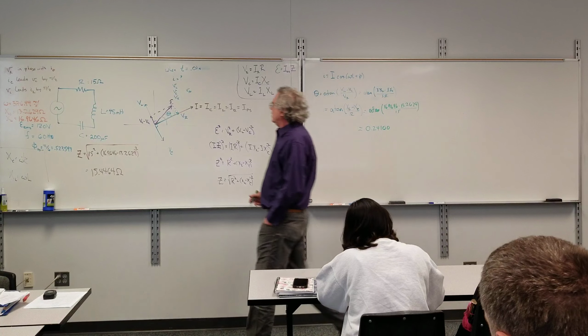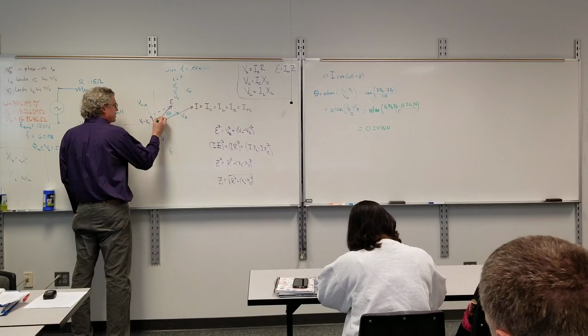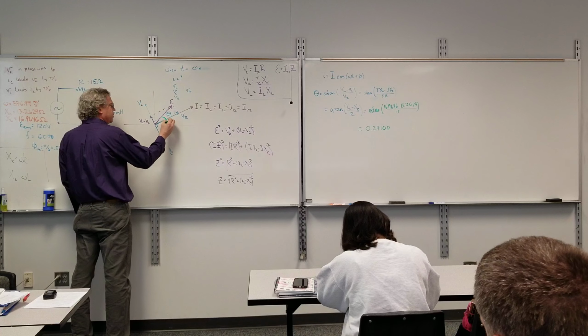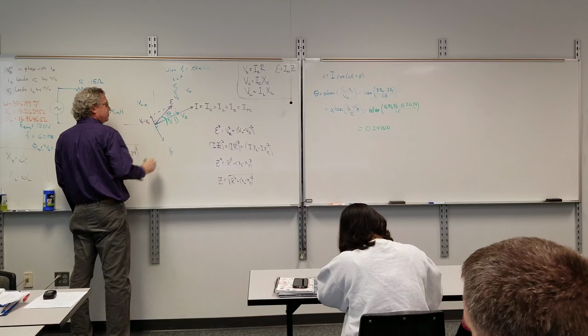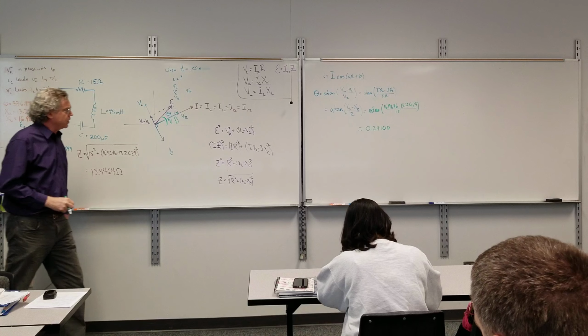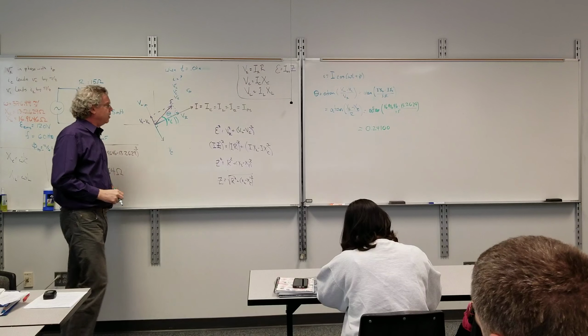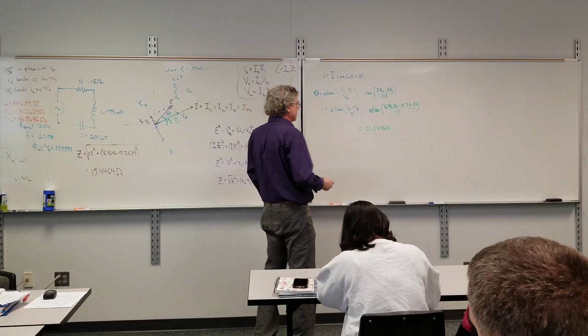So, if I know this angle, which I've now marked in green, is pi over 6, I can figure out this angle, which would give me the phase shift of all the currents and VR. It would just be theta minus pi over 6.